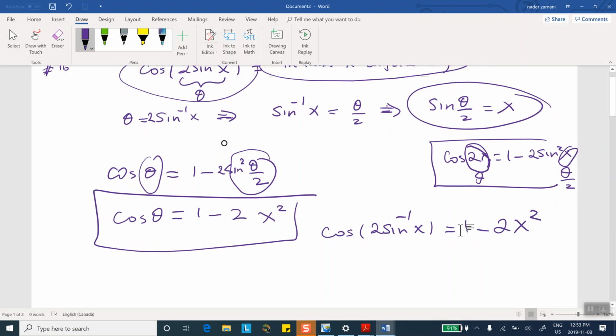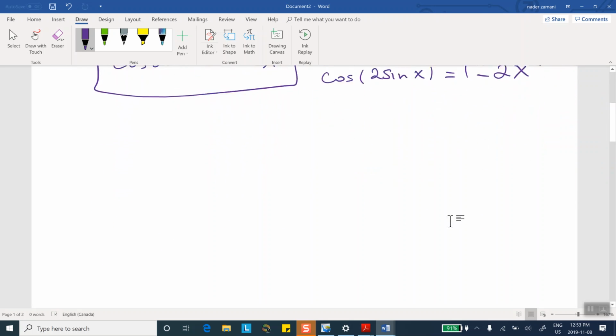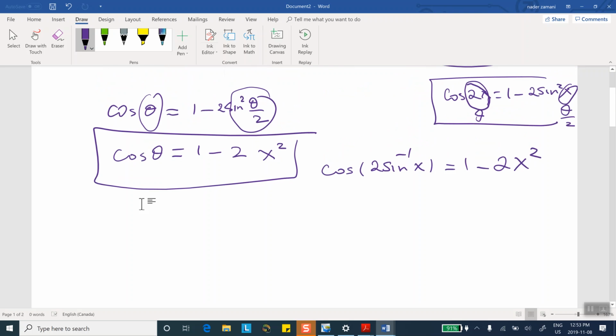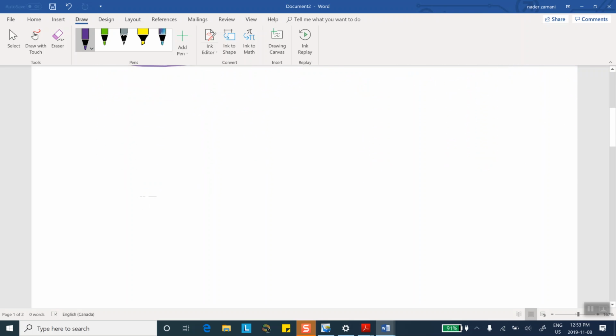When you look at the other category of problems underneath that, these are pretty much the same, except that instead of x, they have specific numbers.